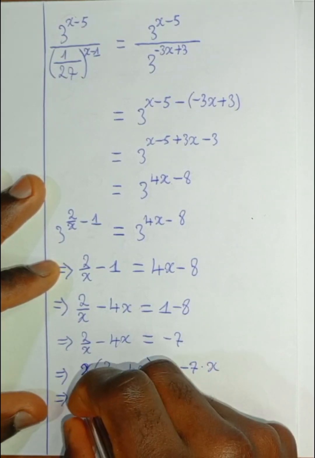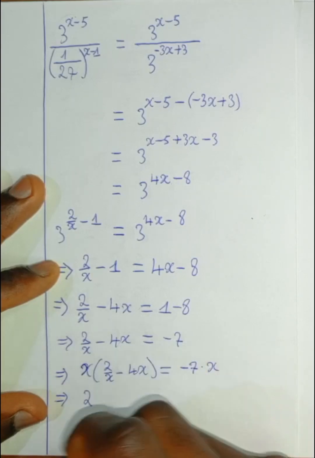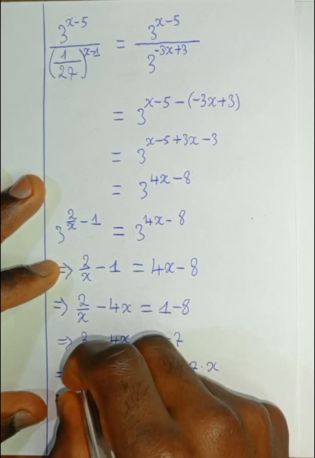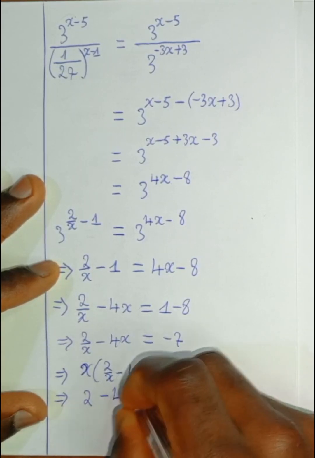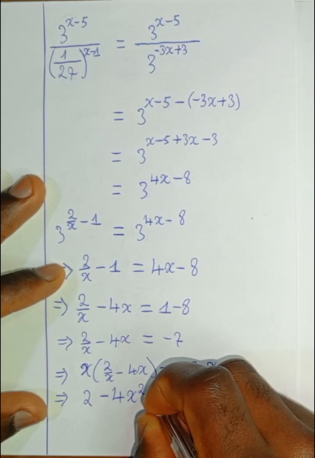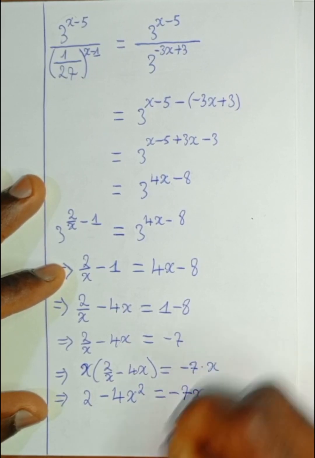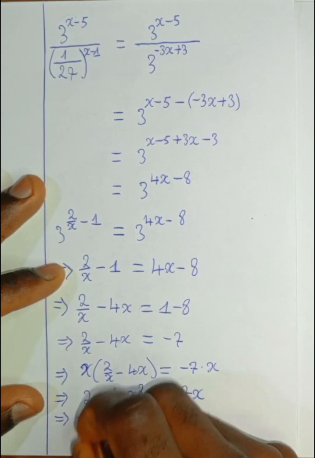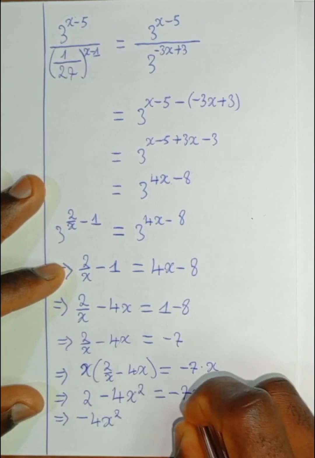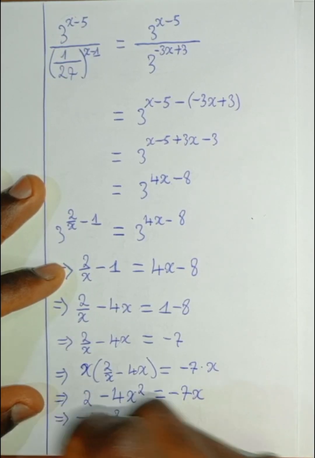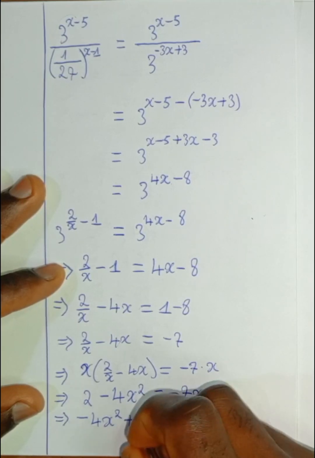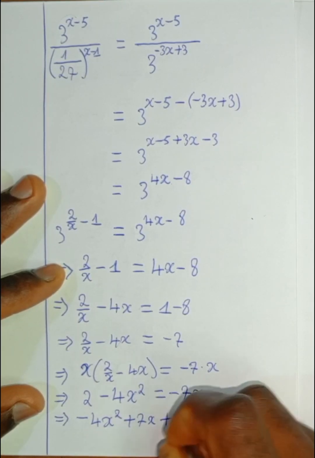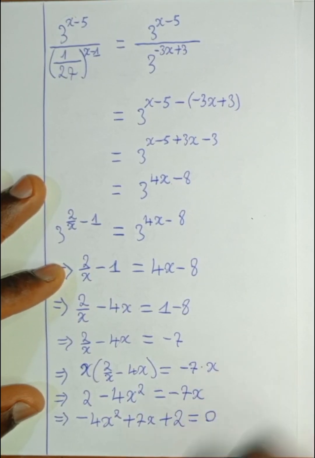Then x times 2 over x will simply give us 2 because x will cancel x, minus x times 4x will give us 4x squared is equal to negative 7x. Then negative 4x squared, then negative 7x crosses to the left hand side becomes positive, plus 7x plus 2 is equal to 0.